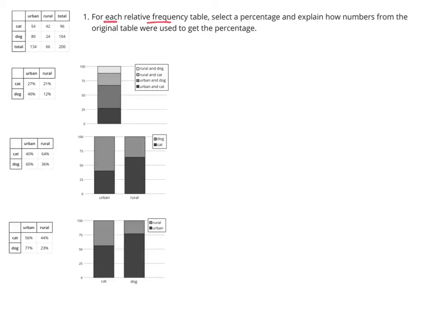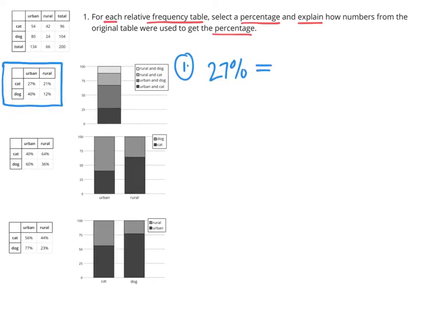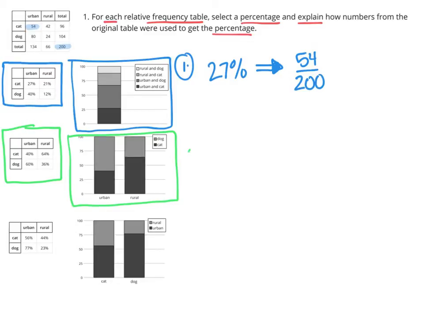For each relative frequency table that I've given, select a percentage and explain how numbers from the original table were used to get the percentage. So for this first table here, we used the urban, rural, cat, dog. The 27% that we found came from 54 out of your total 200.